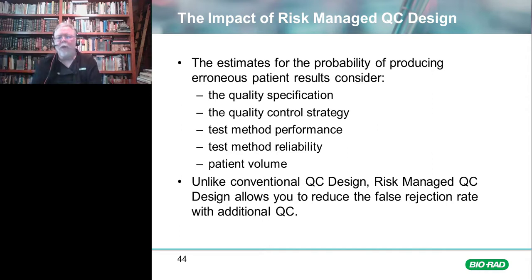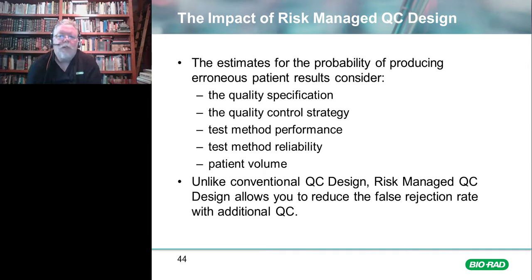And now the other thing that I want to point out here is that unlike conventional QC design, risk-managed QC design allows you to reduce the false rejection rate with additional QC. So that may not be obvious, but when you are in a scenario where your expected time between false rejections is simply too low, well, if I do more QC, I can increase that.